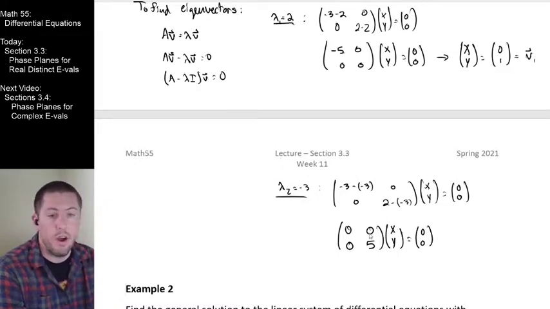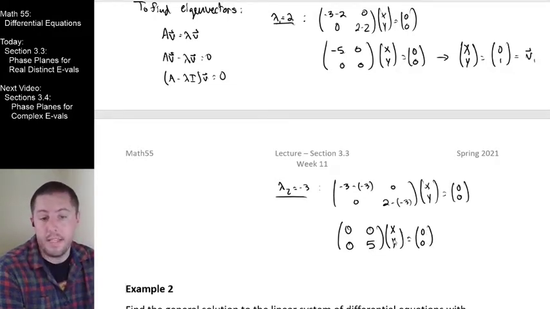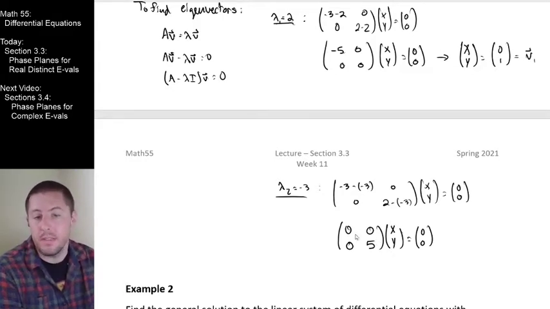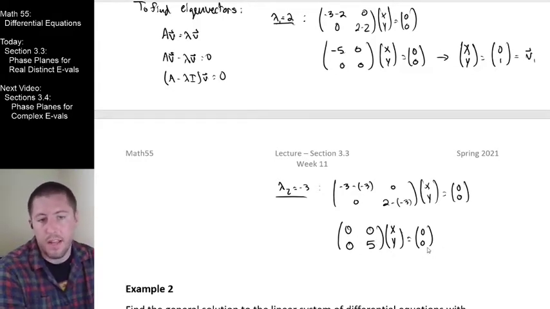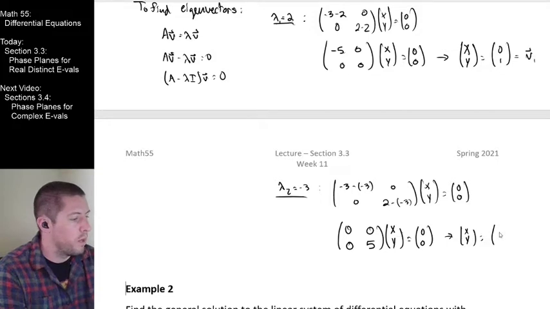Now notice here we're going to get 0 times x plus 5 times y needs to be 0. So in that case, it says to me y is going to have to be 0 to zero out the 5. X can be anything it wants because it's going to get multiplied by 0, and collectively that stuff will in total make up 0. So this is going to say to me that xy being equal to 1, 0 is going to be my second eigenvector right there.